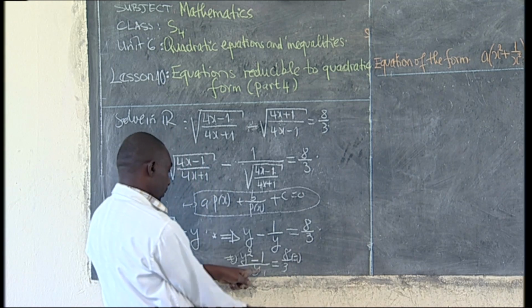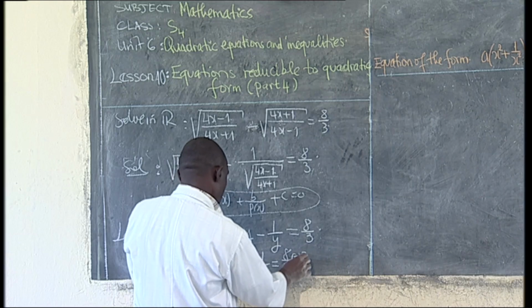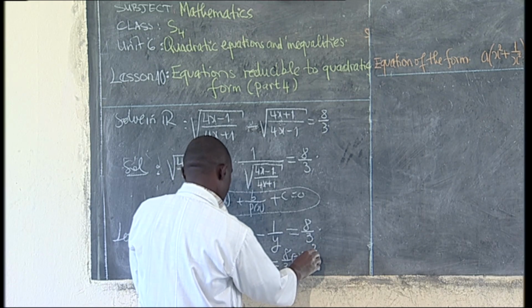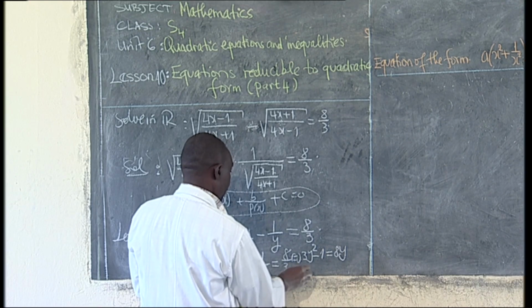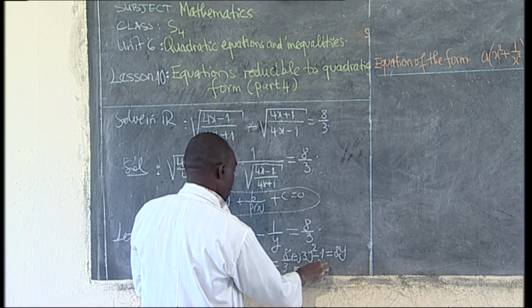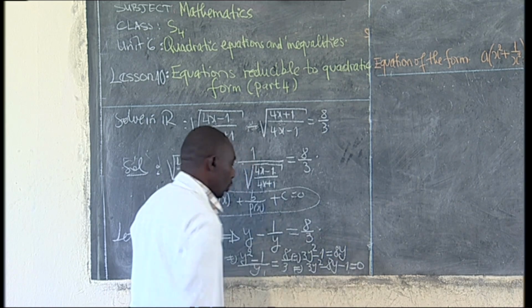By cross multiplication, it is 3 times y squared minus 1, which is equal to 8y, and I have 3y squared minus 8y minus 1, which is equal to 0.